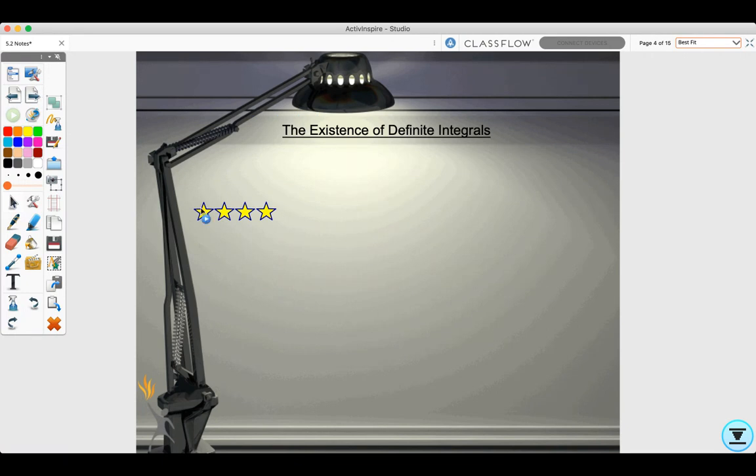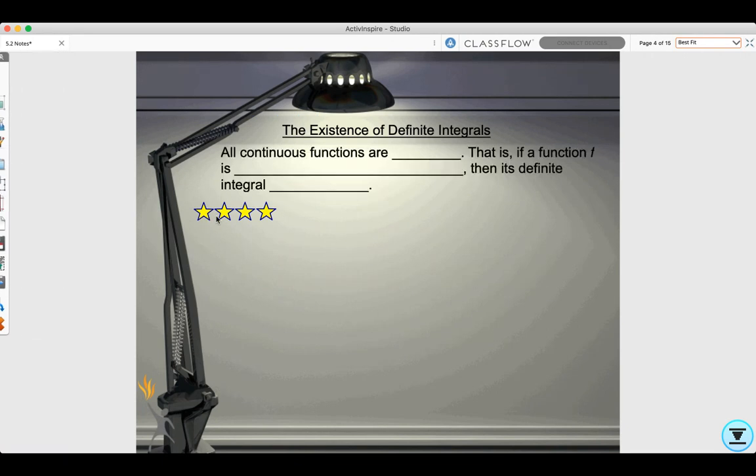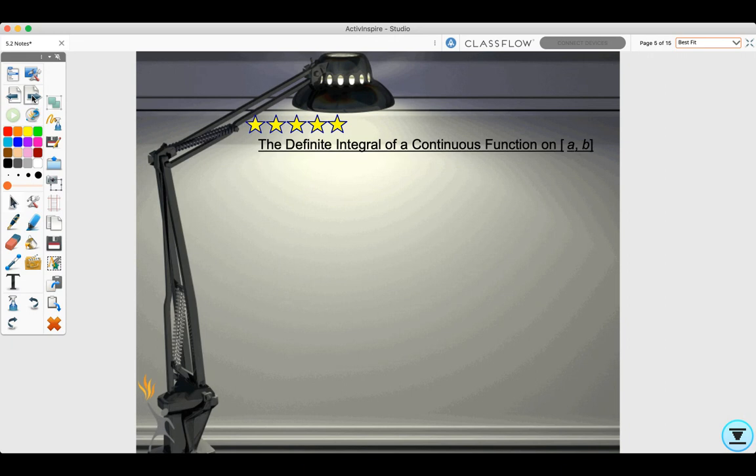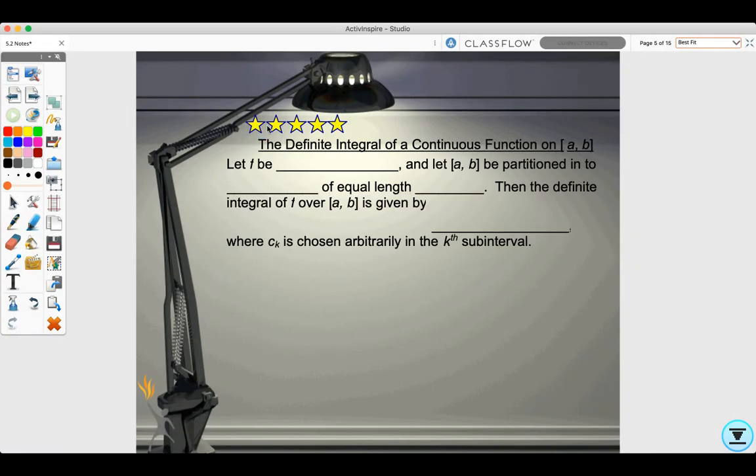The existence of definite integrals. All continuous functions are integrable. That is, if a function f is continuous on an interval [a, b], then its definite integral over [a, b] exists. The definite integral of a continuous function on [a, b]: let f be continuous on [a, b], and let [a, b] be partitioned into n subintervals of equal length, so delta x equals b minus a over n.